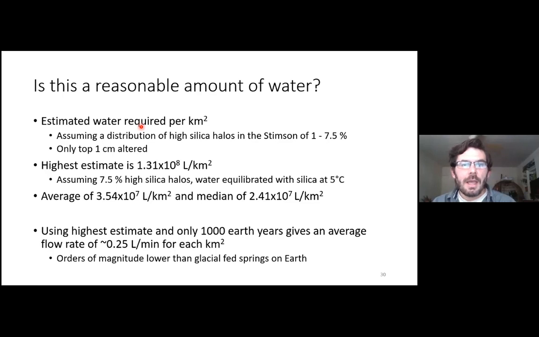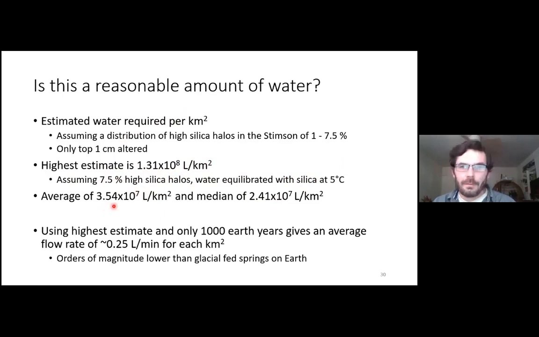Using our highest estimate, which assumes 7.5% of the Stimson is covered in these high silica halos, and the original water equilibrated with silica at 5 degrees Celsius, it produced 1.31 times 10 to the 8 liters of water per square kilometer for this to occur.